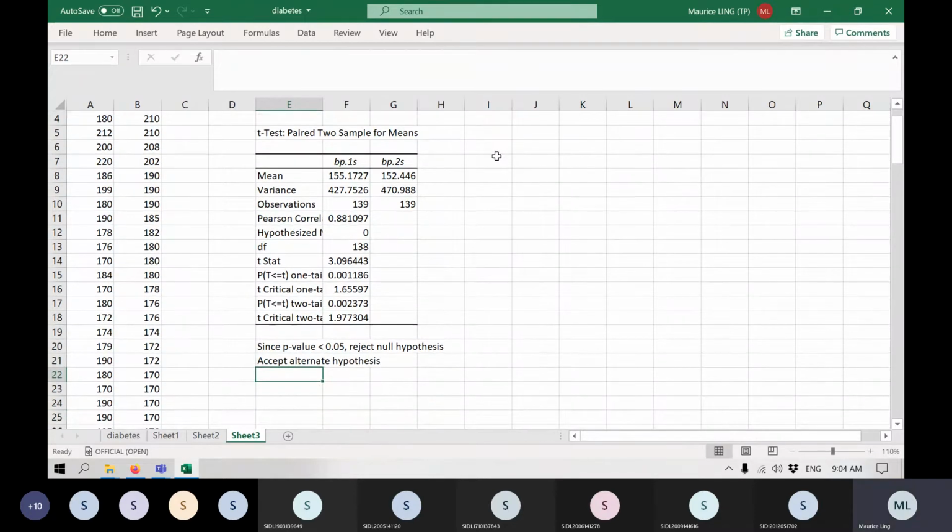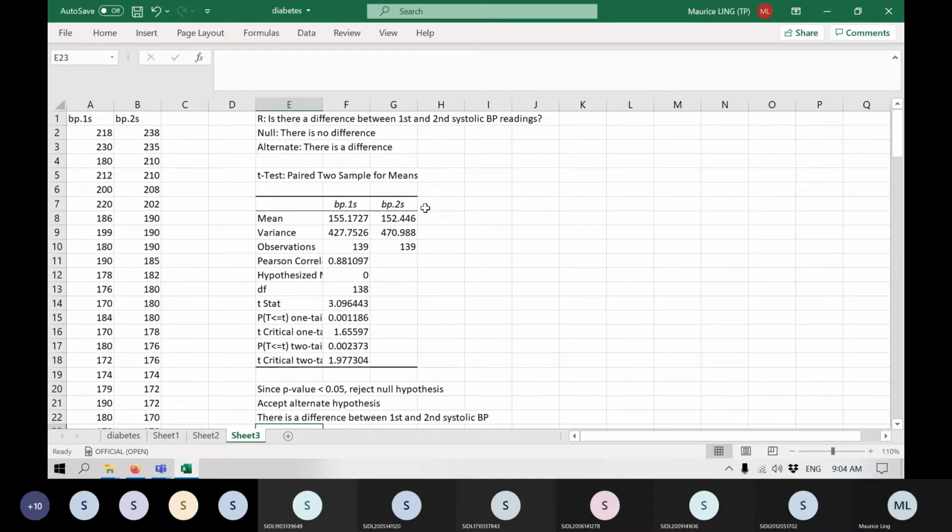That means there is a difference between the first and second systolic blood pressure reading.